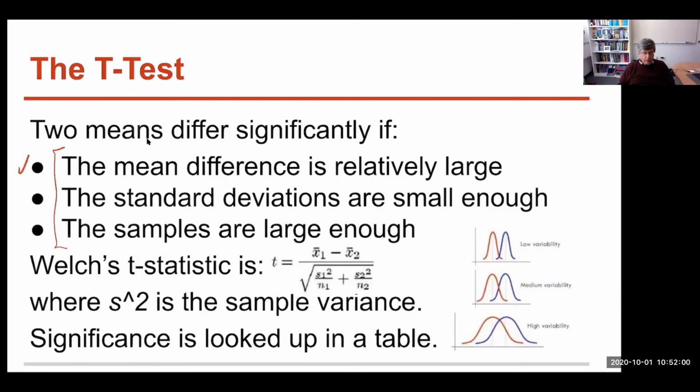It's more likely they differ if the standard deviation, the variance, is small. And it's more likely they differ if we have seen a lot of samples. Does everybody agree that if I have a lot more observations, I am more likely to believe a mean difference than if I just had one or two or a small number?